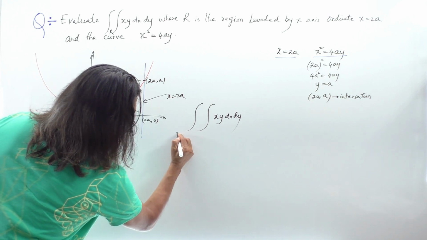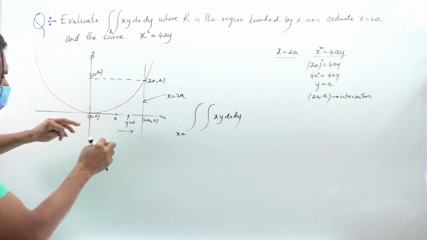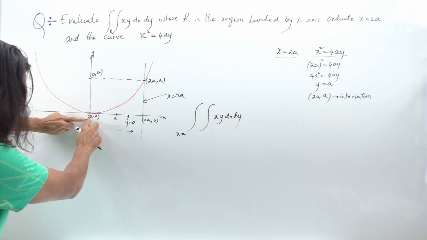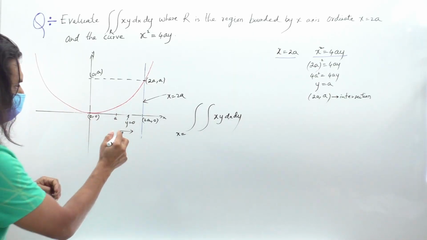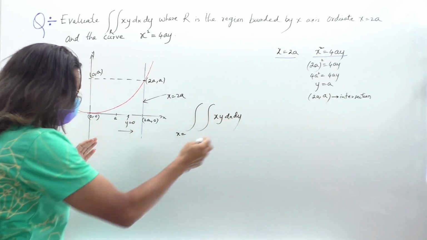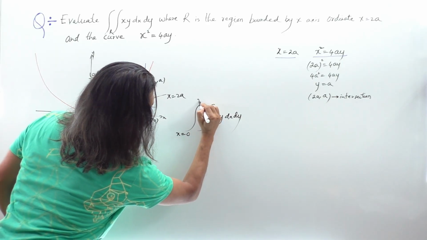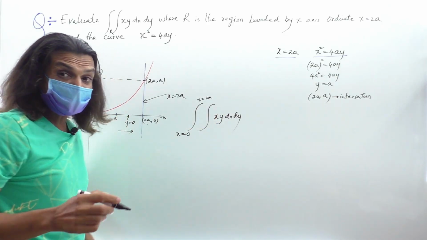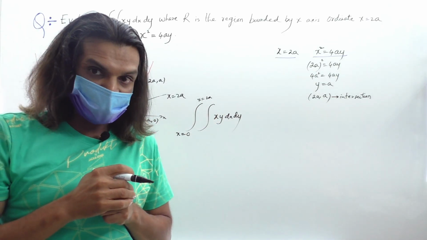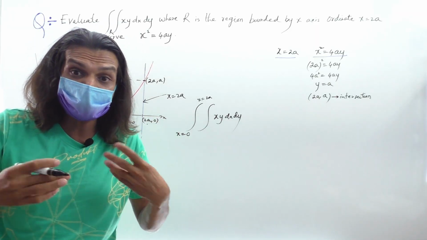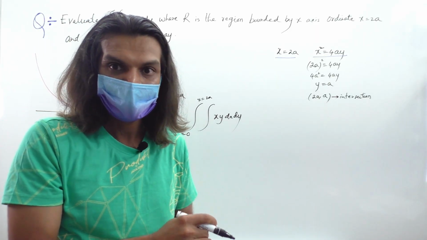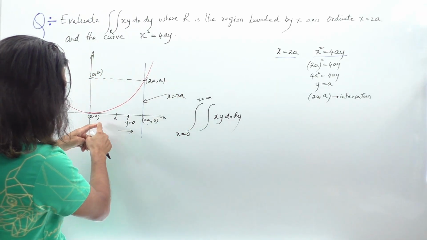When you start from x, we go like this, x-axis. That means x is 0 to 2a. So if the outside is a constant, then inside is the equation in terms of x. So we need to find the equation. Then I go like this.